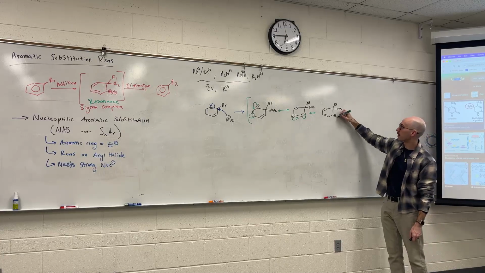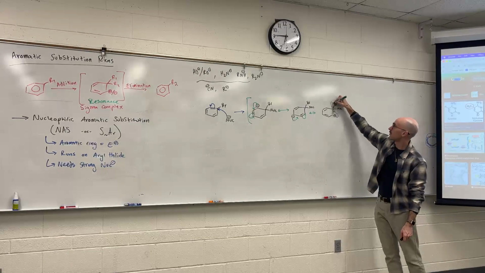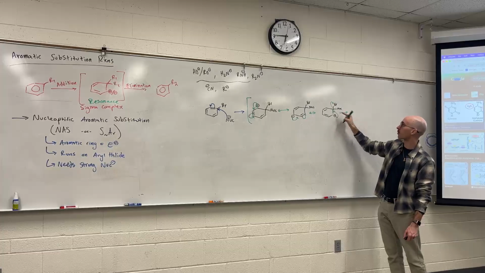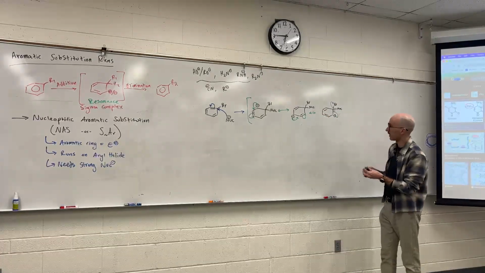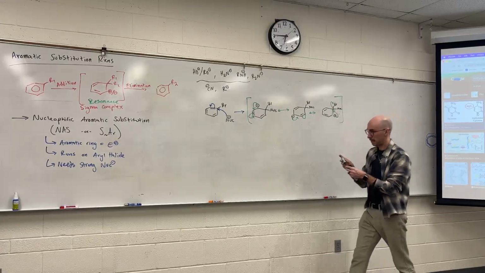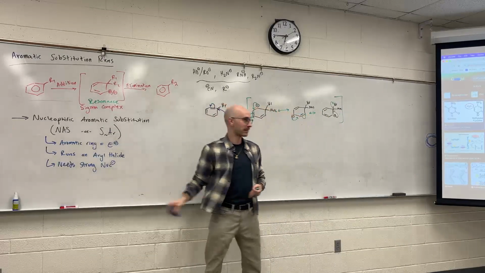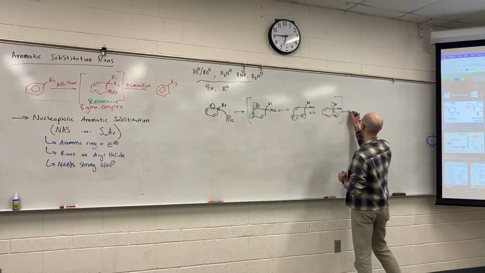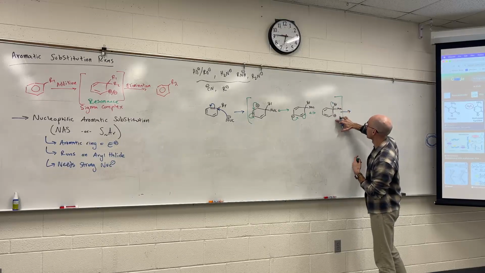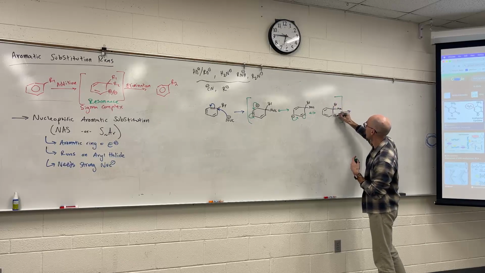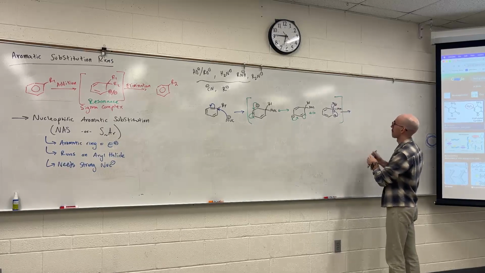So my lone pair goes in, my CBr bond breaks. I'm going to go back to using my other color because that is the end of my resonance forms. And this next step is actually not showing resonance, it's showing the formation of the final product.